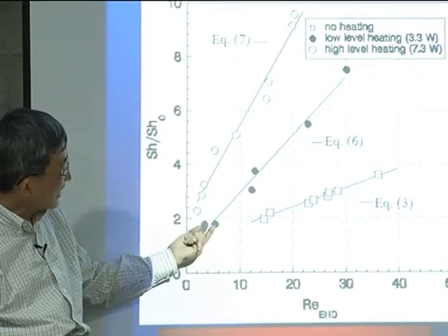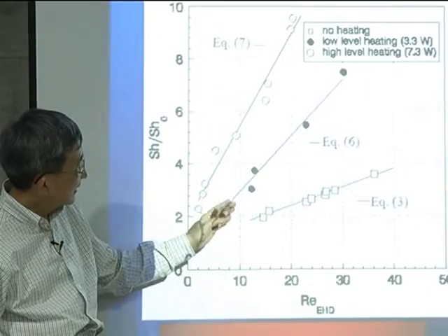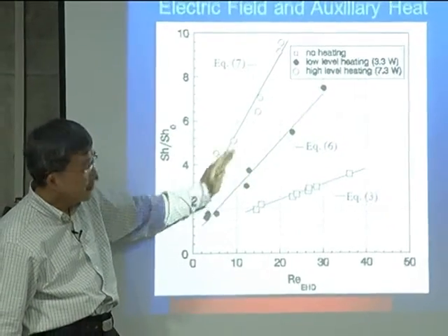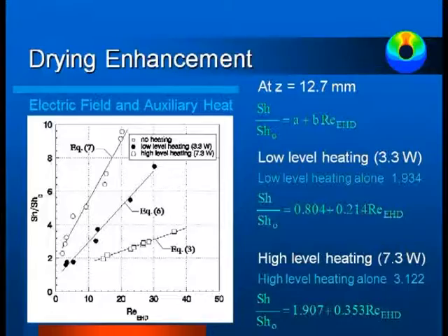Now if we apply low heat, you can see that the slope gradually increases, getting the moisture out to the surface. If we try to find a correlation, all this data is pretty much linear, so you can fit it with a linear relation.